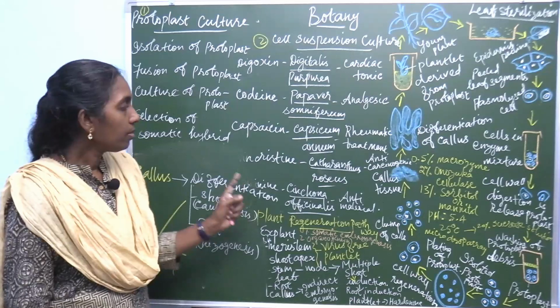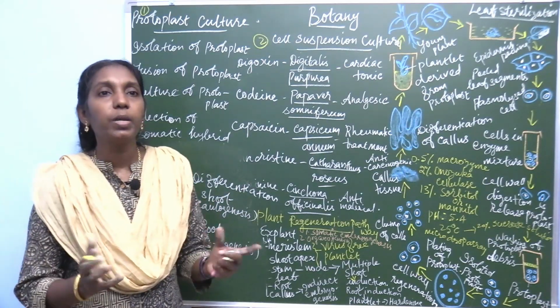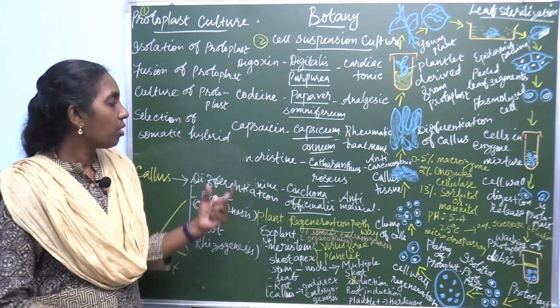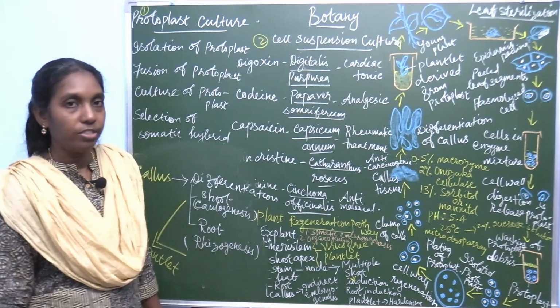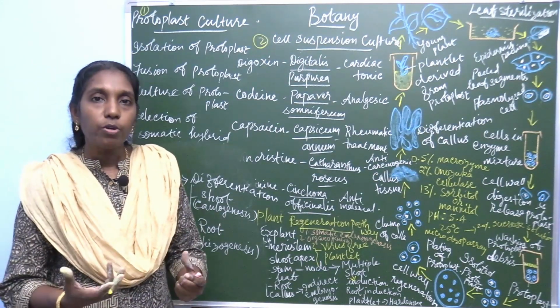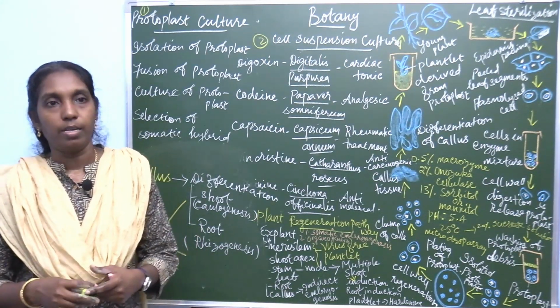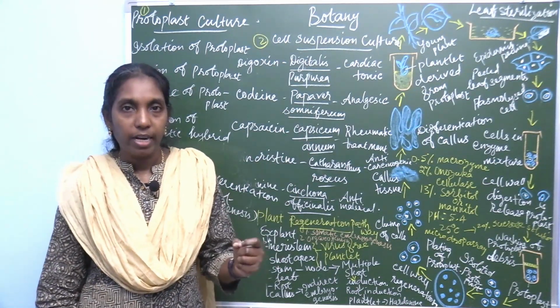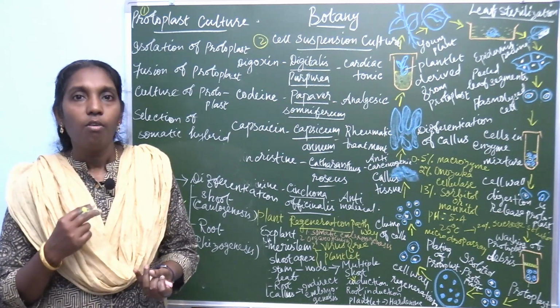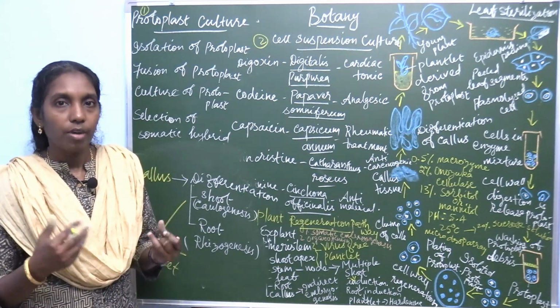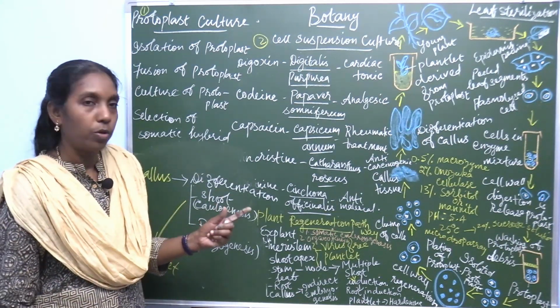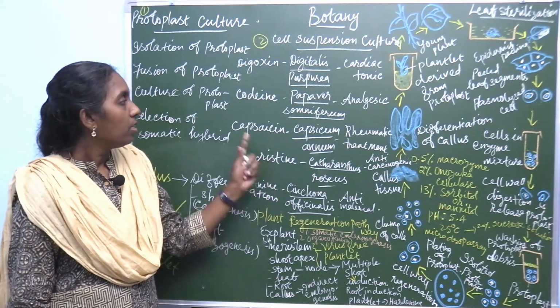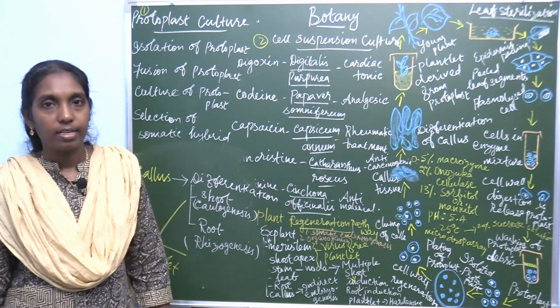Then the last question, what are the applications of this protoplast culture? It is used to produce new varieties. So, improved hybrid varieties that are disease resistant, virus resistant can be produced by this protoplast culture.